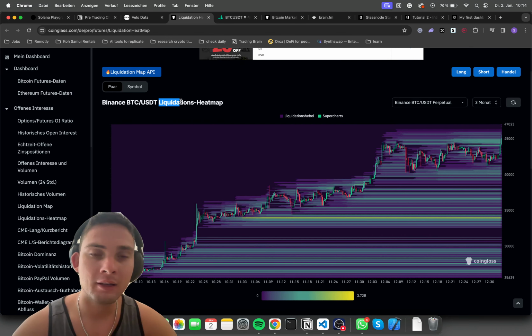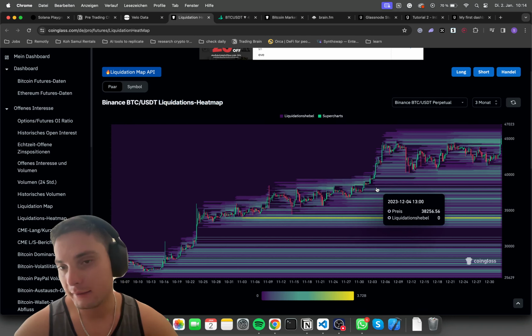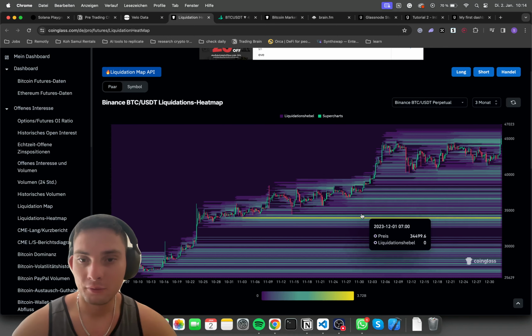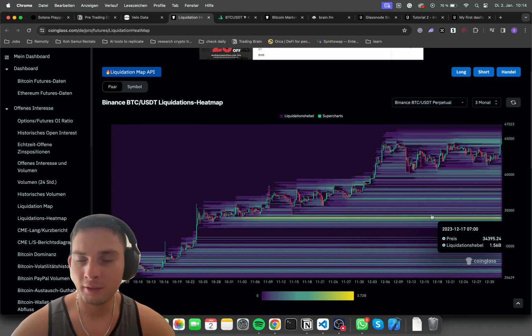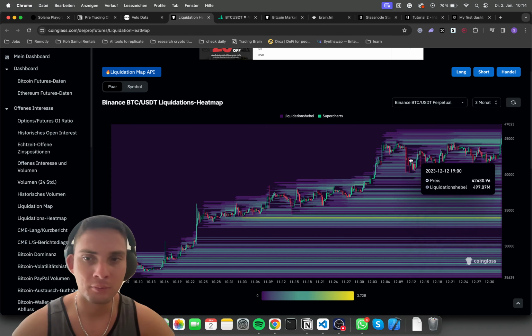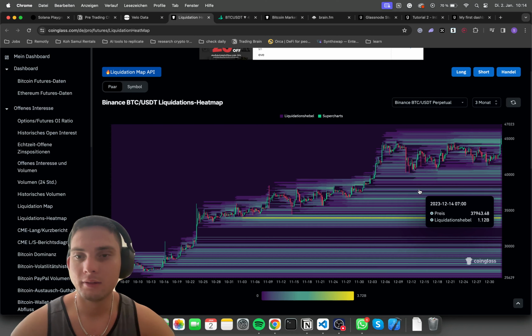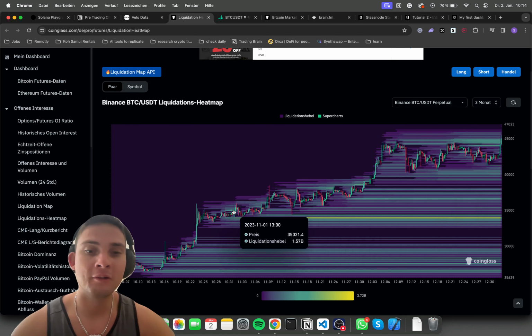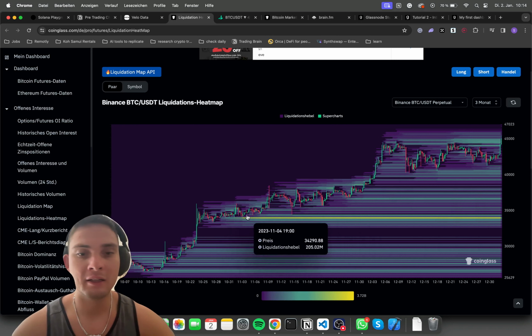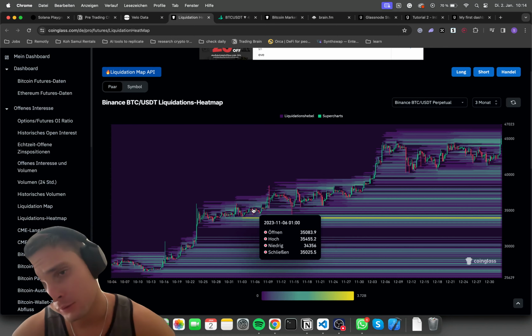So we have a liquidation heat map here and see at what price positions get liquidated. We have a big liquidation level here for longs, probably. It wouldn't make sense for shorts to get liquidated here. So this could mean we saw lots of entries here, right at the liquidation level, with high leverage, so the liquidation level is close to the position entry.